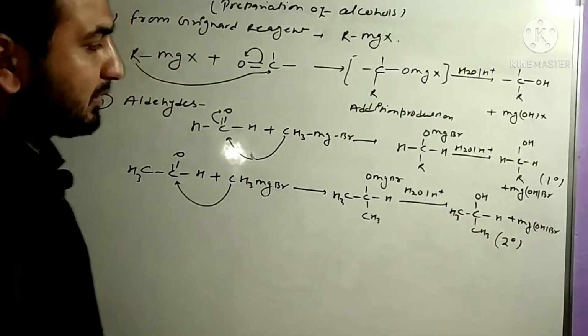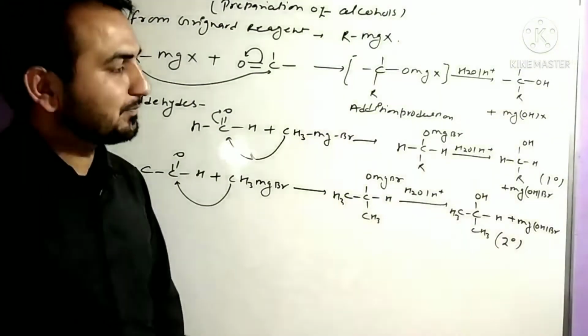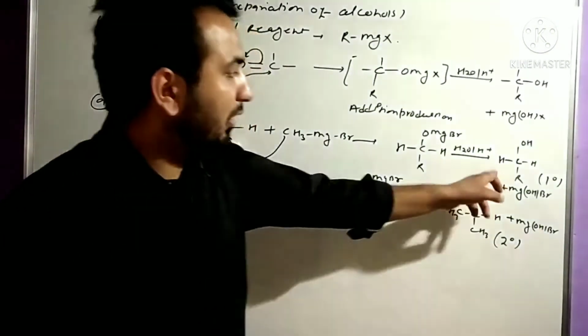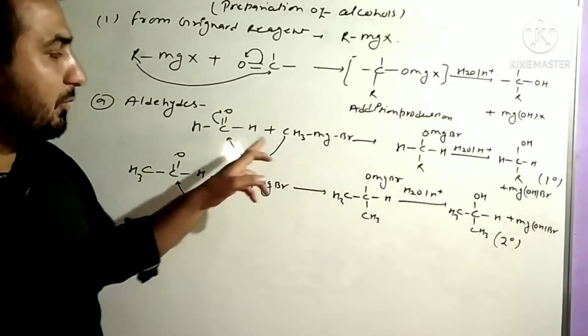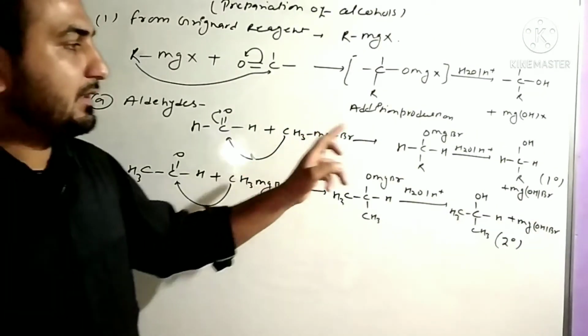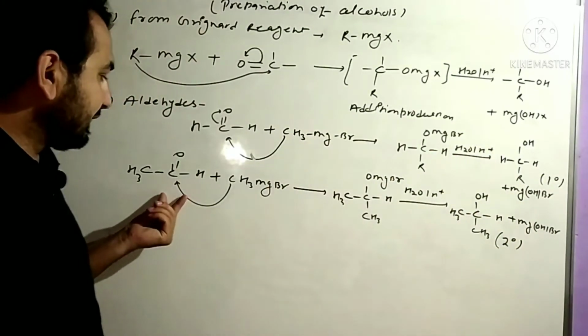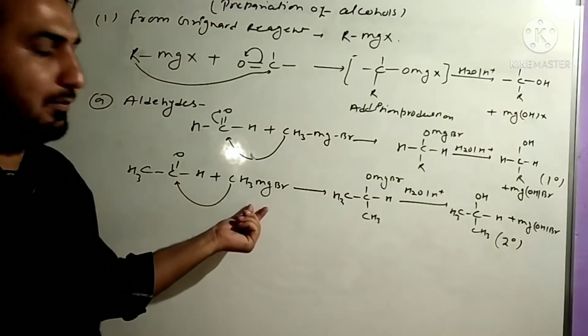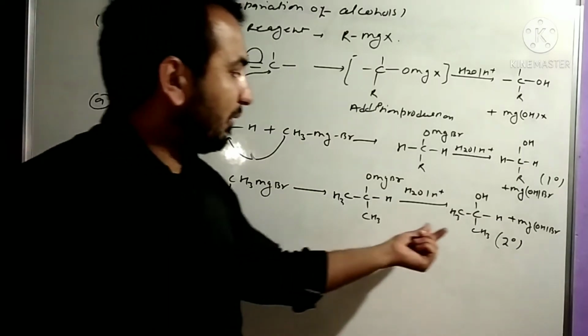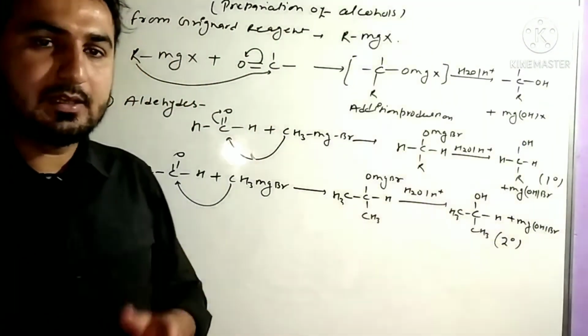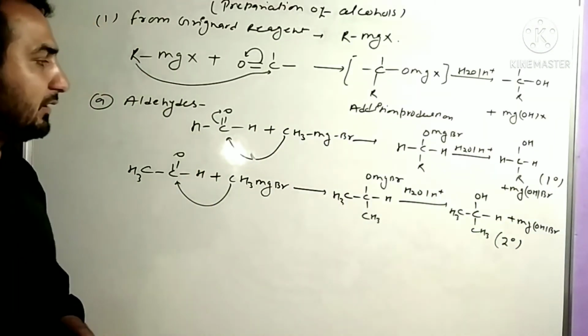You observe the difference between these two products. The first alcohol is formed from formaldehyde with the Grignard reagent, a 1 degree alcohol. And when acetaldehyde reacts with the Grignard reagent, it forms a 2nd degree alcohol. So you can note down a point here.